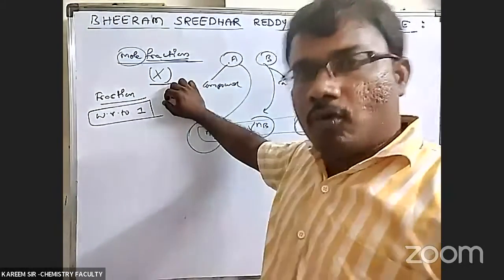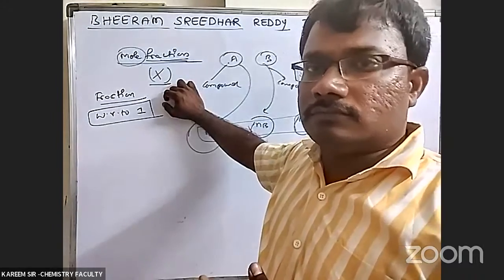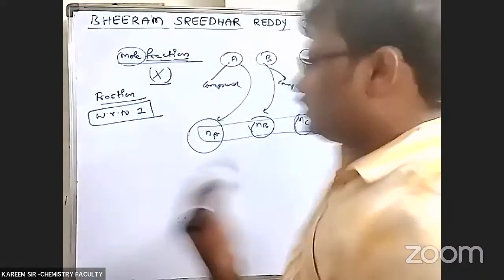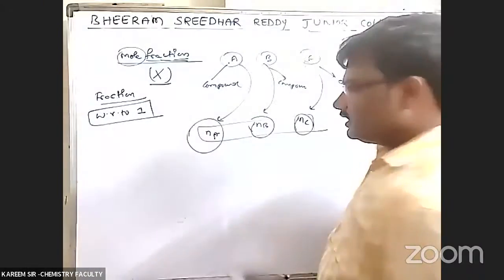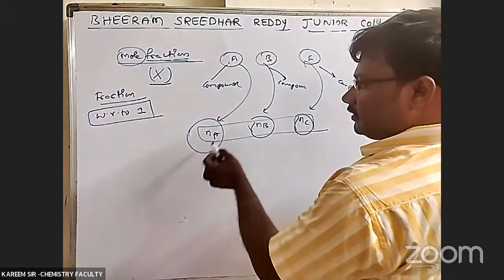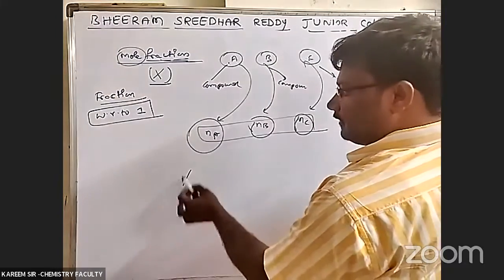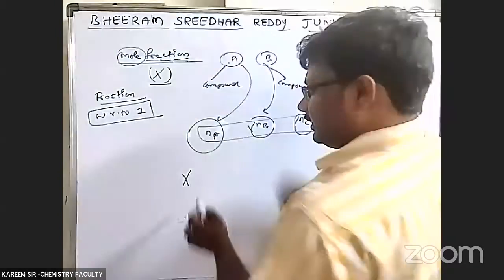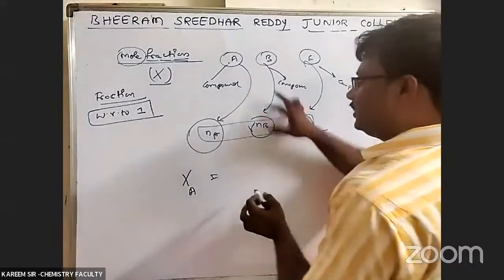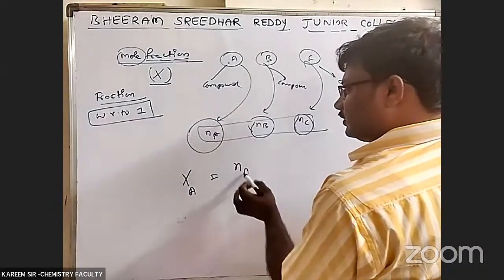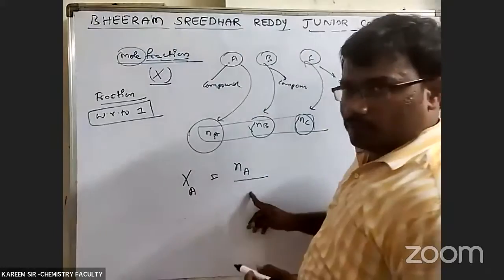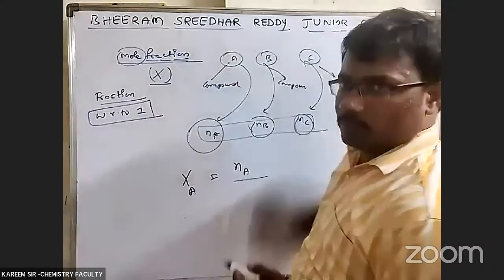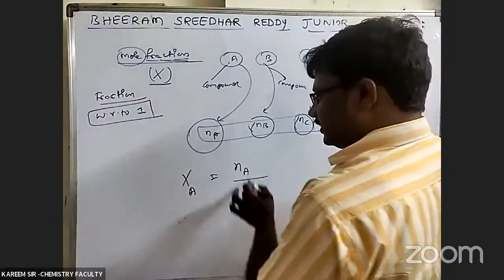So far we have seen what a mole is, the ratio of moles, and mole fraction. So here, we want to calculate the mole fraction of A, that is XA. Then you should divide the number of moles of A, Na, by the total number of moles.